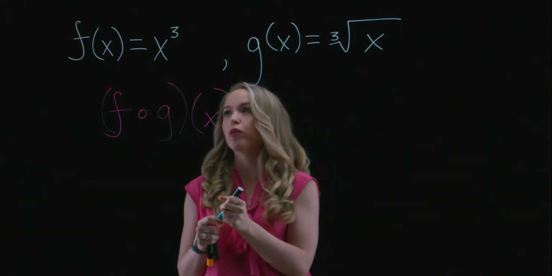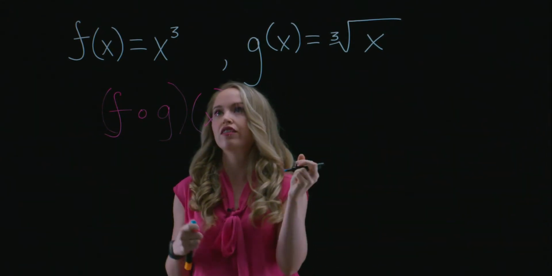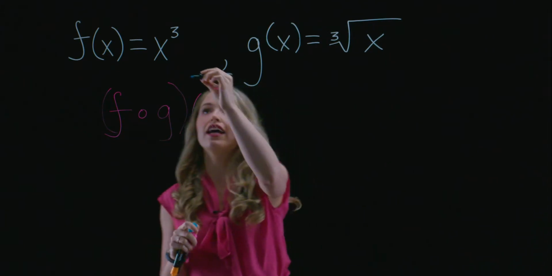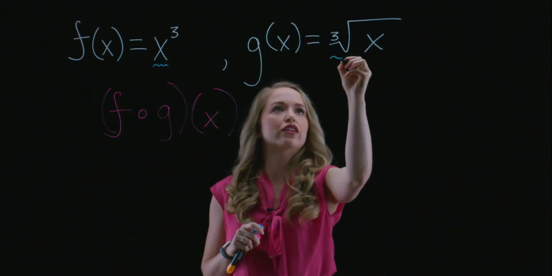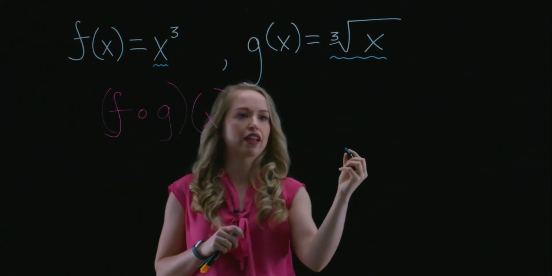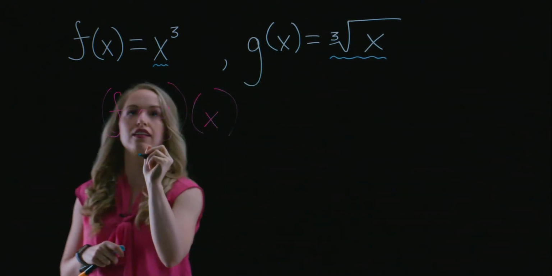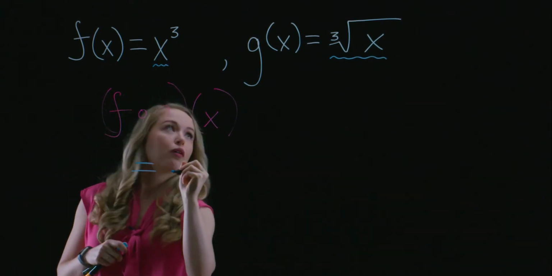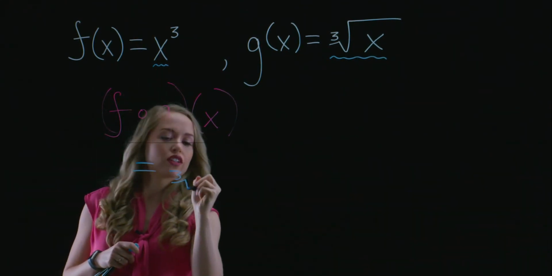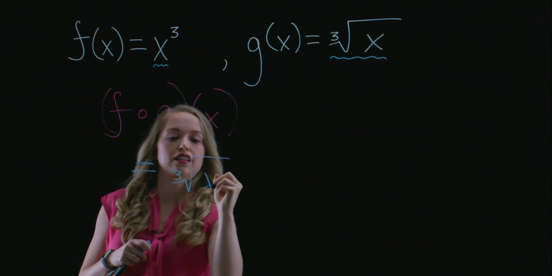I'm going to write my f of x function. But every time I see an x, instead of writing that x, I'm going to insert my g of x function. So what that looks like in this circumstance, again, instead of writing my x, I will copy my g of x function like that.